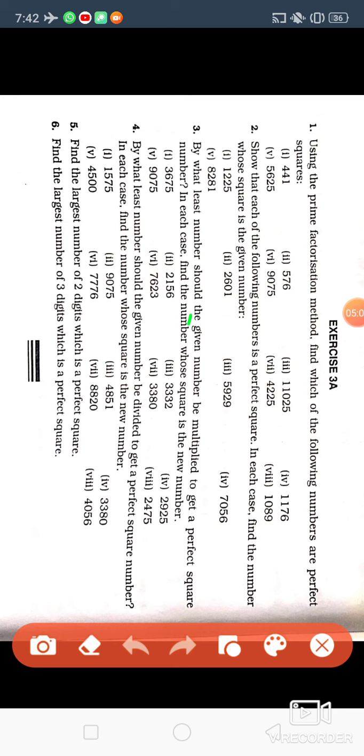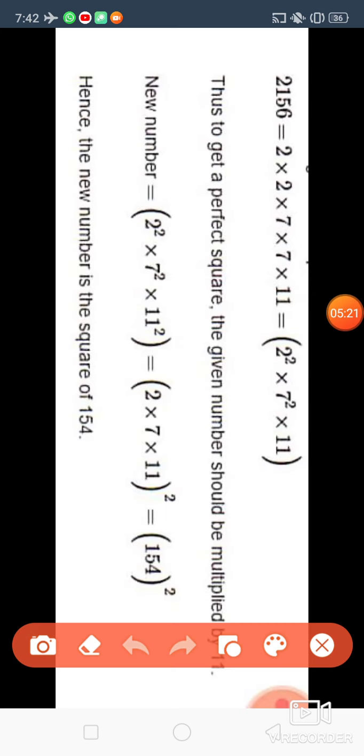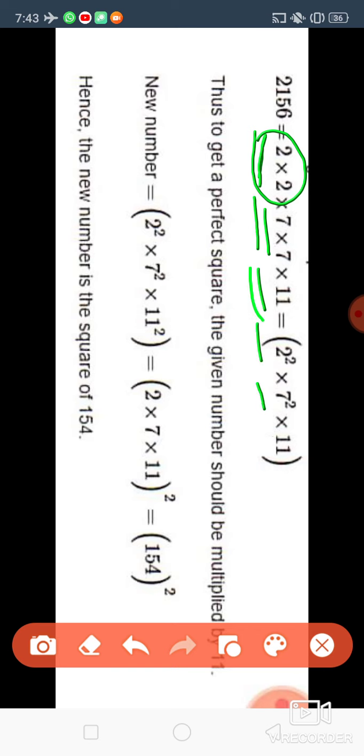Now come to the next question: 2156. This is not a perfect square. By what number should it be multiplied to make it a perfect square? Again we do the same thing, the prime factorization of 2156. You get 2 into 2 into 7 into 7 into 11. 2 into 2 is 2 square, 7 into 7 is 7 square, and 11 is alone here, not in square.